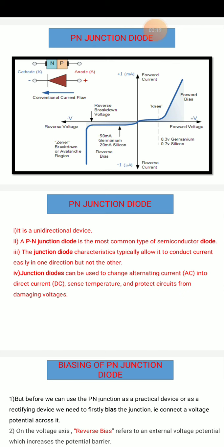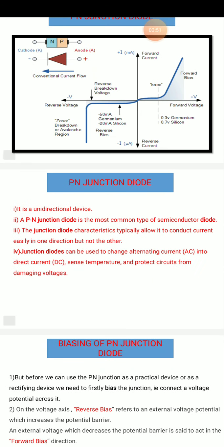Most PN junction diodes are manufactured with silicon and germanium. Germanium has a cut-in voltage of 0.3 volts and silicon 0.7 volts, which is why we mostly prefer silicon diodes. Make a note that PN junction diodes are made of silicon material. Later we will come back to the VI characteristics.